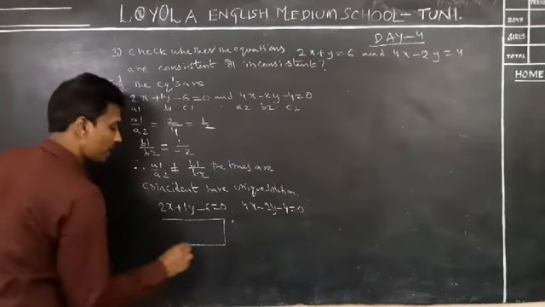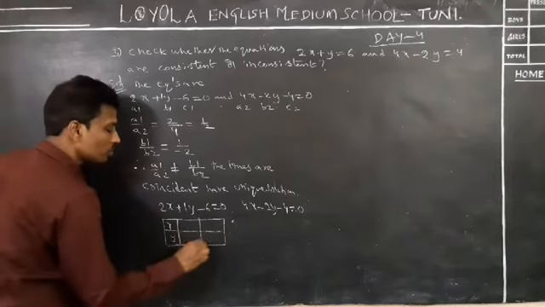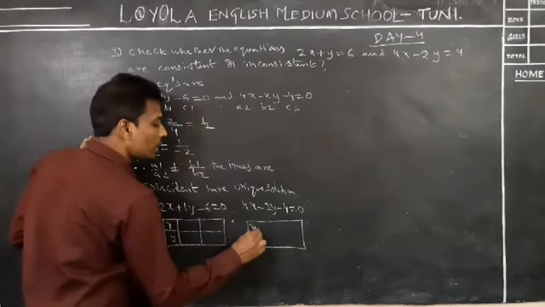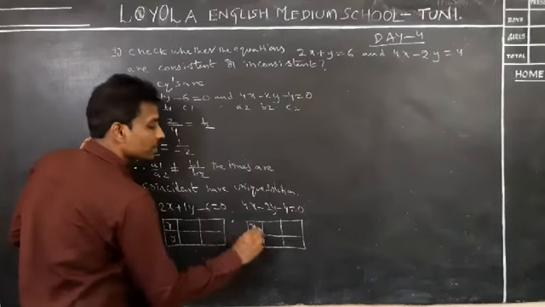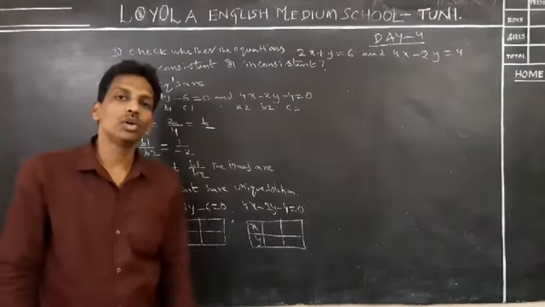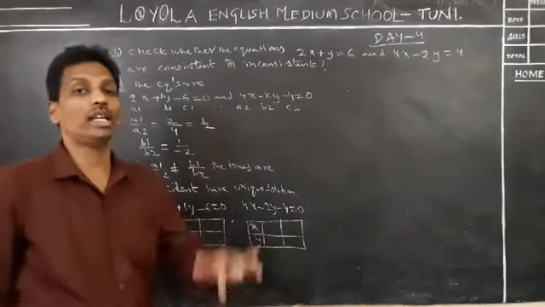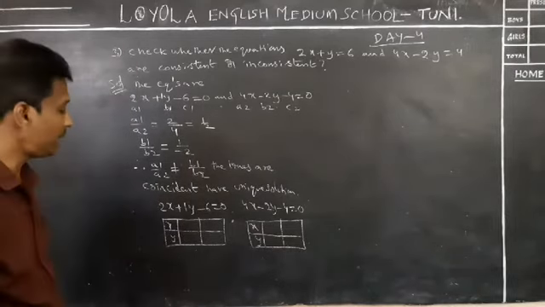So let us prepare two tabular forms for these two equations by choosing coordinate axis. Coordinate axis means put y equal to 0 and find the value of x, and next put x equal to 0 and find the value of y. This is nothing but the coordinate axis.